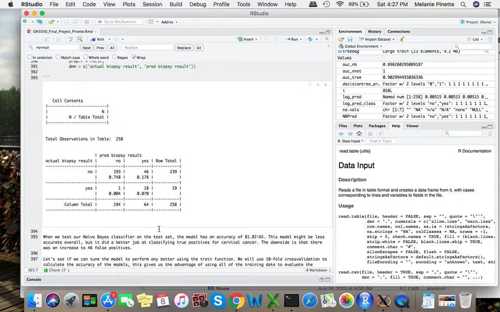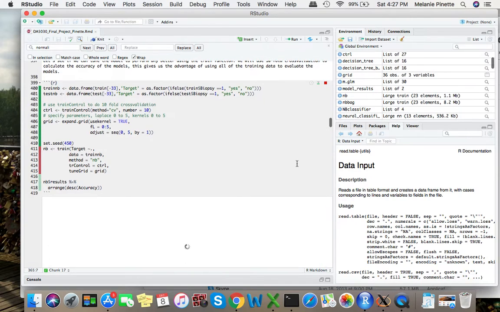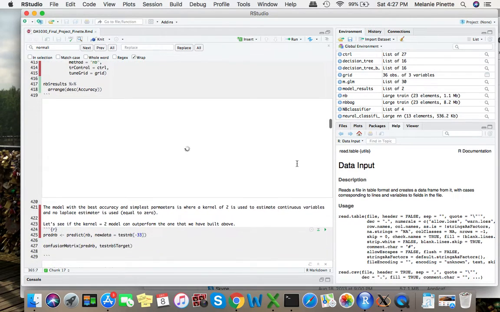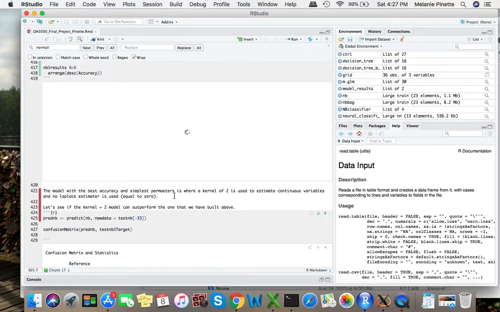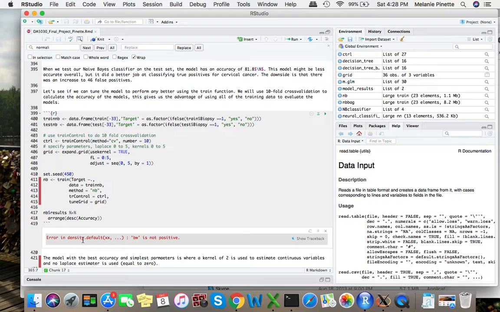So let's see if we can tune this model a bit more with the train function again. And I believe the best model that came out of this one in terms of accuracy was kernel equal 2 and Laplace estimator equals 0. So knowing that, we'll just print out the results instead since this is taking a while.